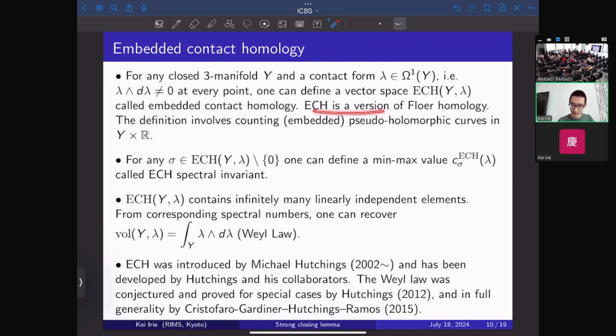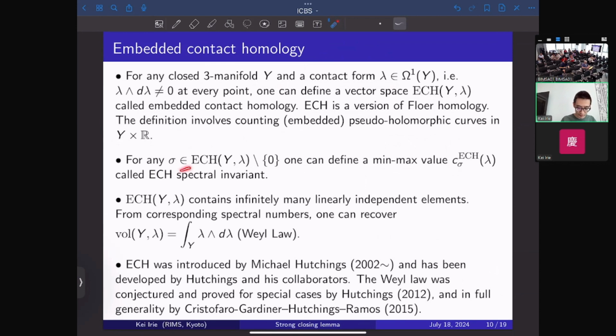This ECH is a version of Floer homology, and the definition involves counting embedded pseudo-holomorphic curves in the four-manifold Y times R, equipped with a natural symplectic form and a compatible almost complex structure.